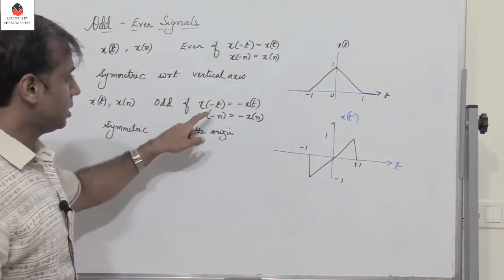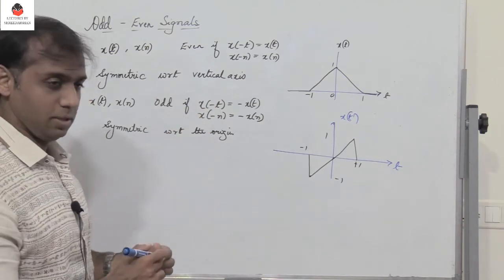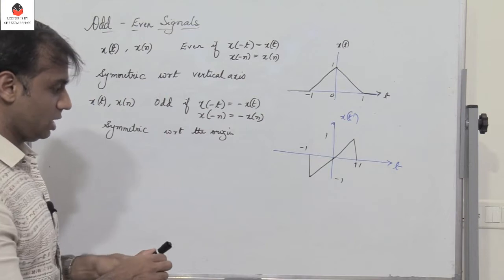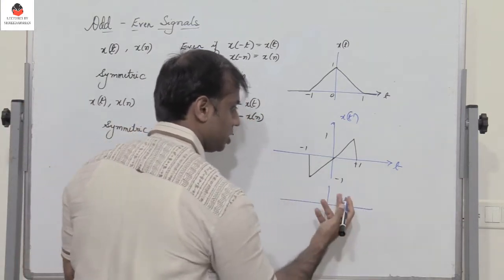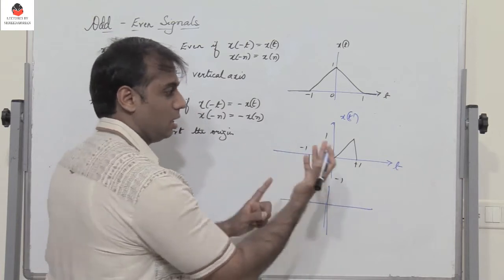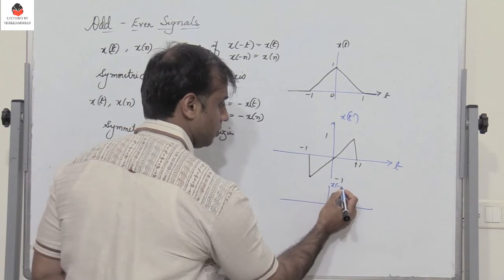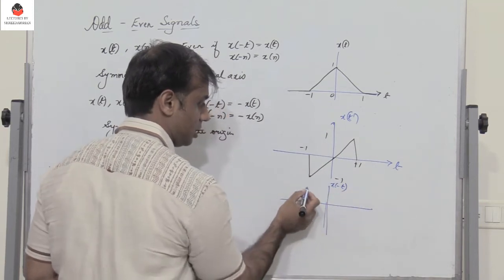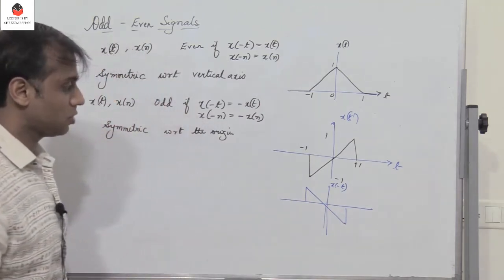So what happens here? x of minus t is nothing but I'm actually taking its image along the vertical axis. So this will be x of minus t. I get a signal like this. This is x of minus t.